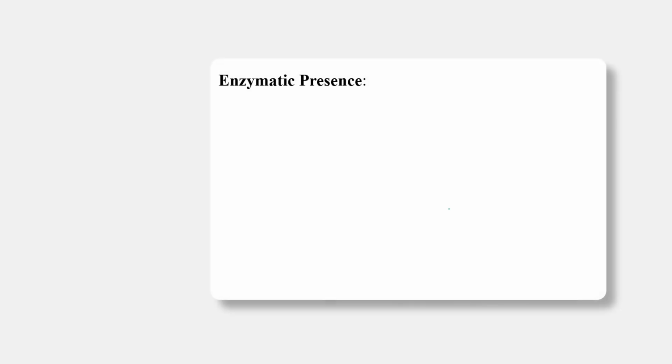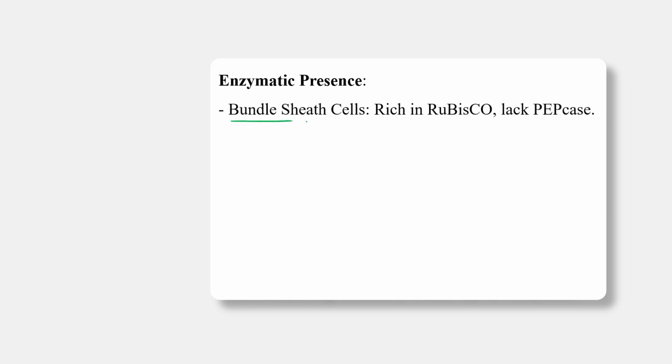Clear? Now, enzymatic presence. The bundle sheath cell in C4 plant is rich in rubisco, ribulose bisphosphate carboxylase oxygenase enzyme, and it doesn't have PEPase. This PEPase is present in the mesophyll cells only.